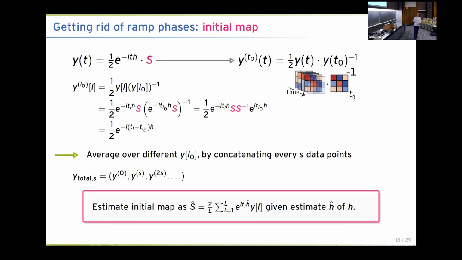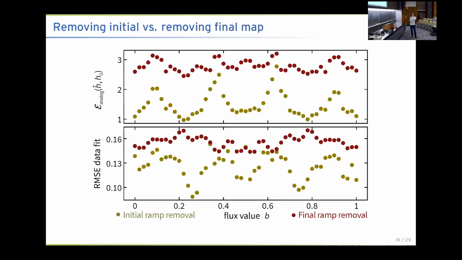Now you see there's a symmetry here, right? If I had a final map, so a measurement error, instead of an initial map, I could just do the same thing by multiplying from the left and then get the final map by multiplying from the right. But you might wonder what's actually better. So this is the first data that you're going to see.